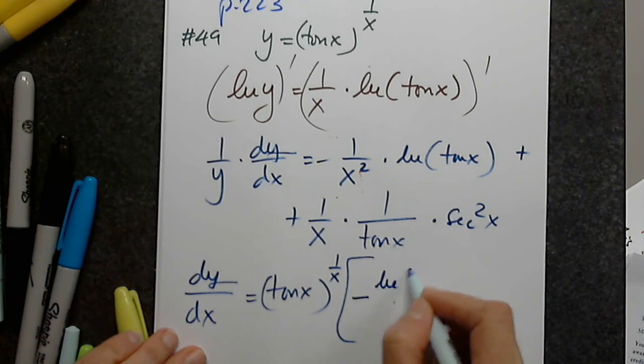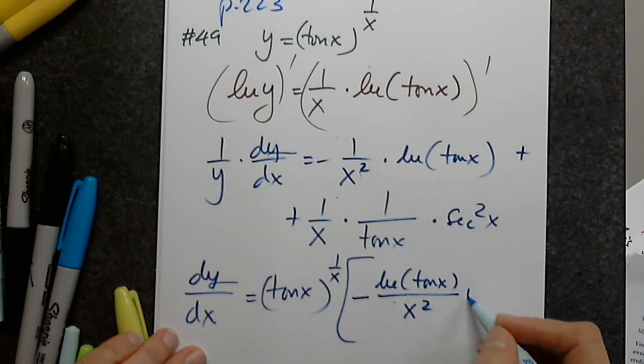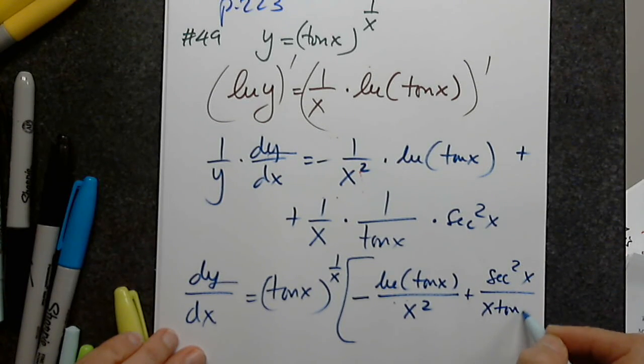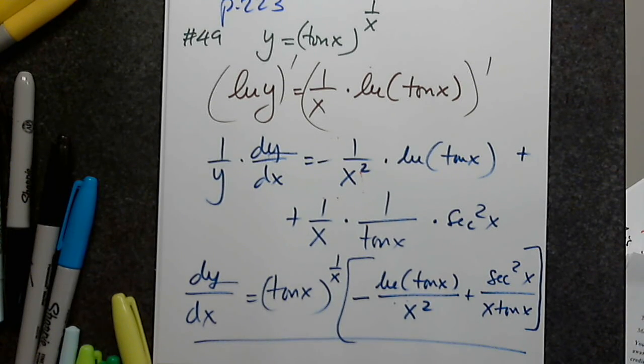So negative natural log tangent x over x squared, plus secant squared over x tangent x. And that's final. Any questions?